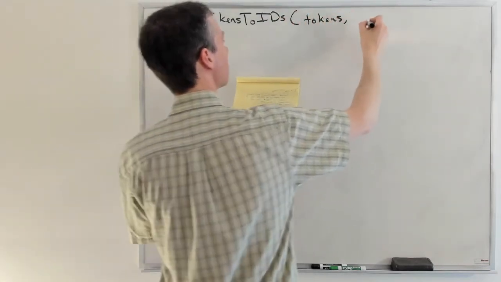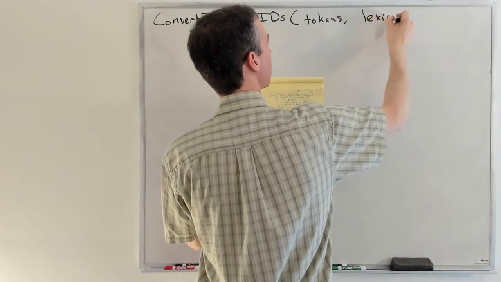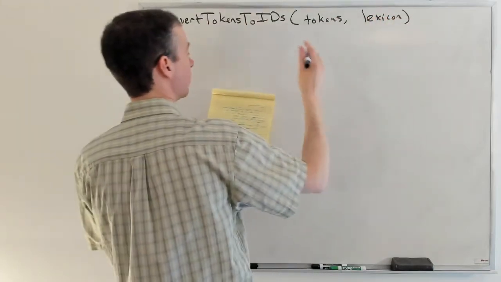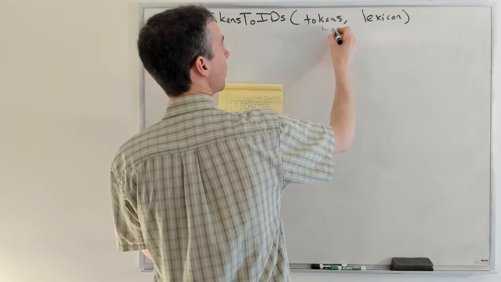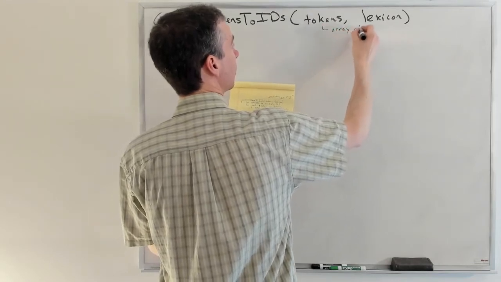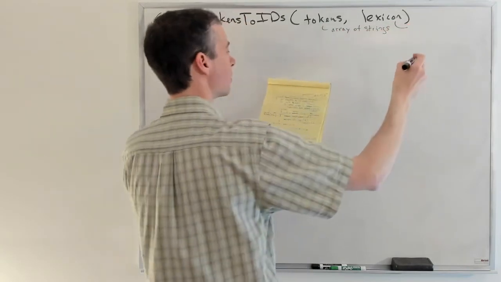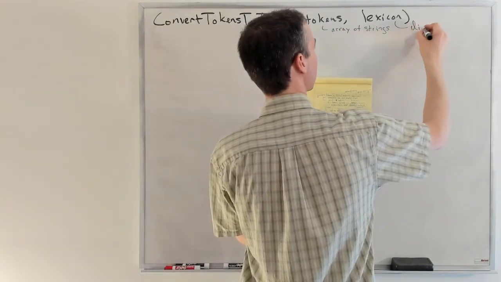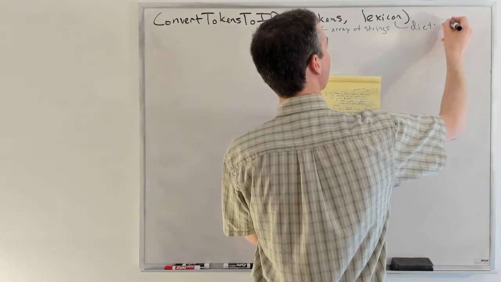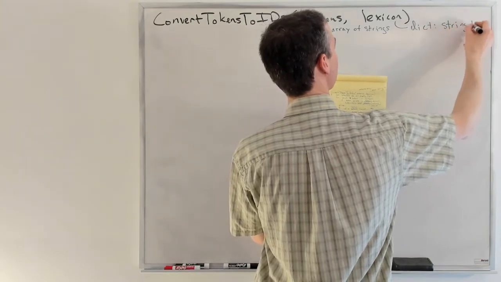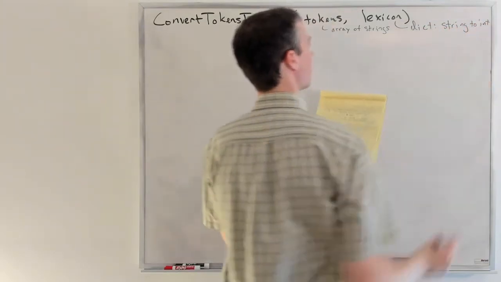Take in our tokens, take in our lexicon. Again, this is an array of strings, or a list of strings, and our lexicon is our dictionary, which goes from string to integer.